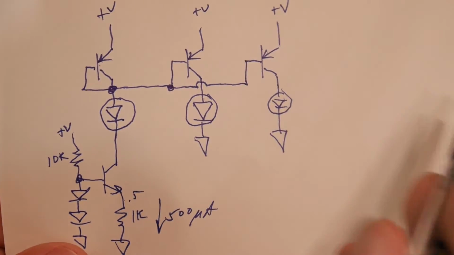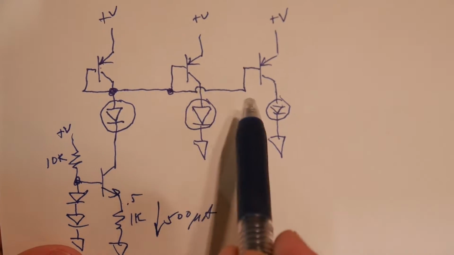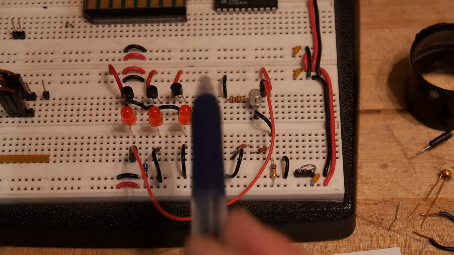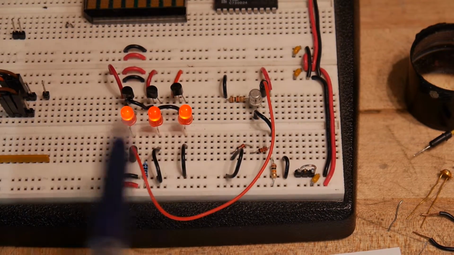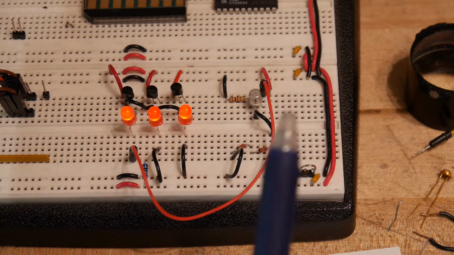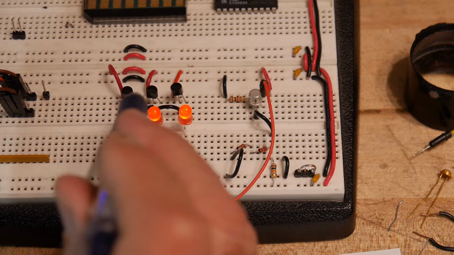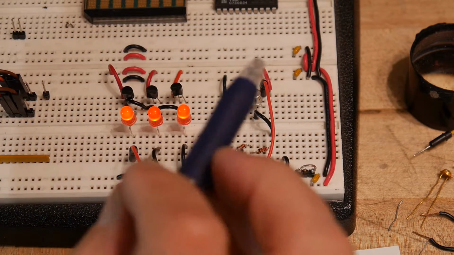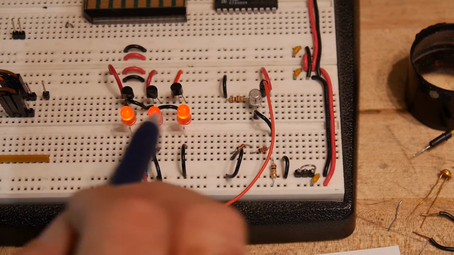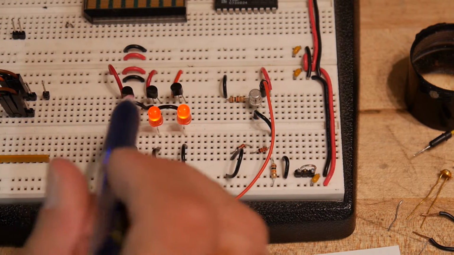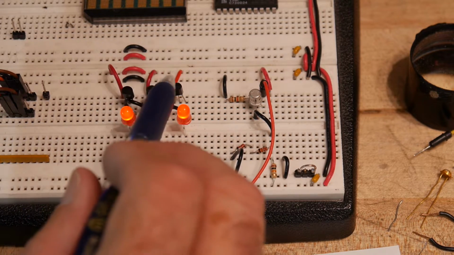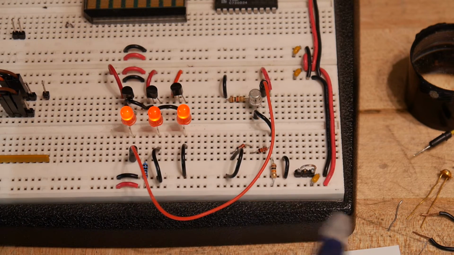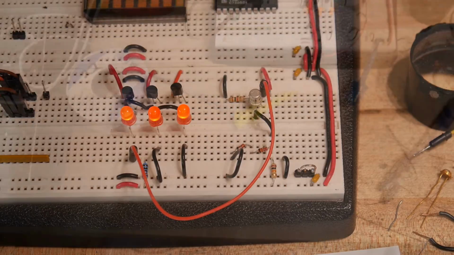So this is over a different place now, but these three transistors are these three transistors here. And if we turn it on, we have three LEDs lit, and we should have the same amount of current flowing in each one. Now that current's going to be a bit different depending on the characteristics of these three transistors, but let's go ahead and measure them and see how constant it is.